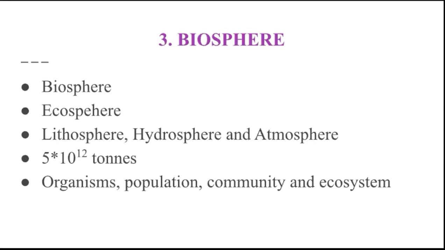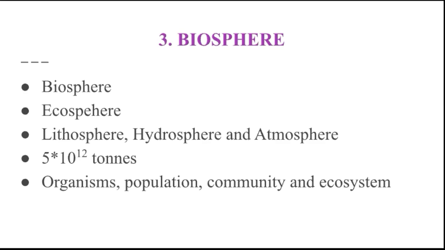As well as various types of population: human population, animal population, insects, all types of fauna as well as flora. Various types of community and various types of ecosystem are also present in the biosphere.